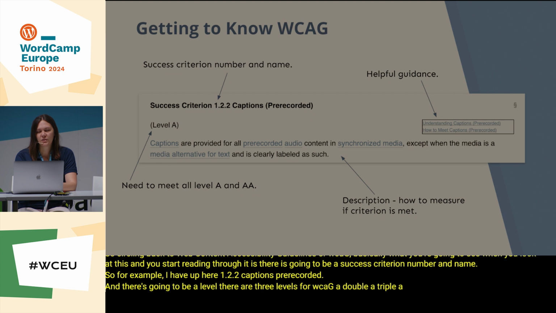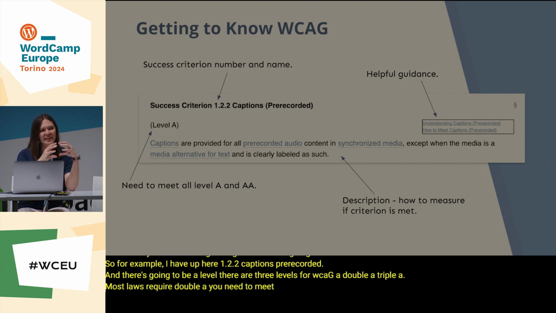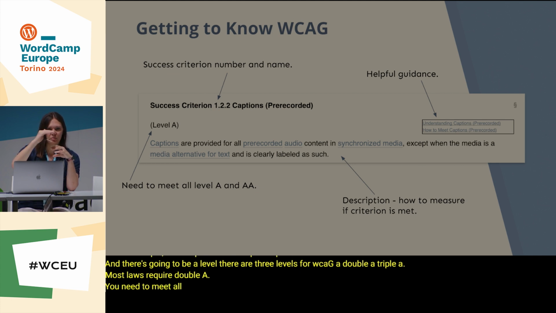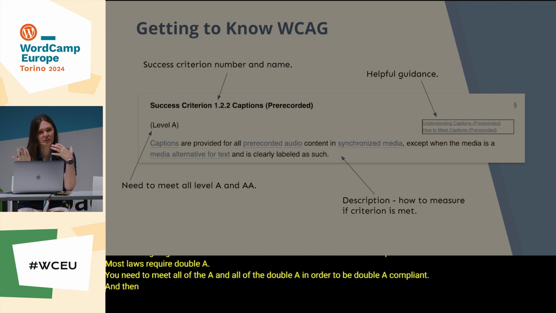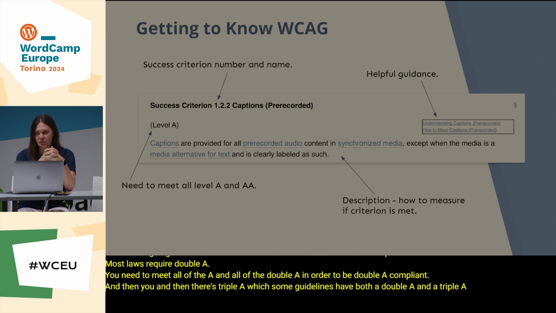Most laws require AA. You need to meet all of the A and all of the AA in order to be AA compliant. And then there's AAA, which some guidelines have both a AA and a AAA version. A good example of this is color contrast.